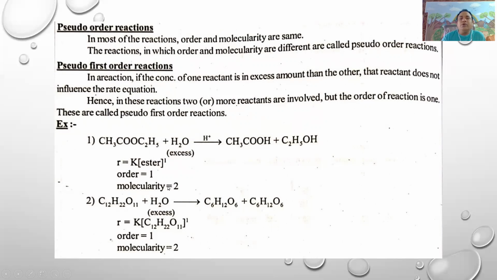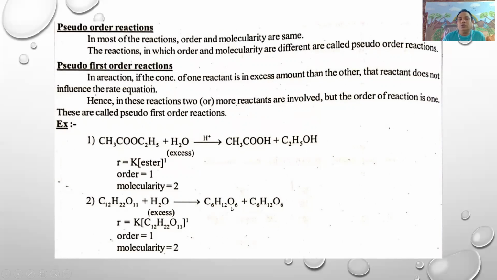Similarly, the inversion of cane sugar, that is hydrolysis of cane sugar, that is sucrose C12H22O11 plus water. Here again, water is taken in excess quantity. It doesn't influence the rate of the reaction. The rate is influenced only by the concentration of sugar, that is sucrose molecule. It gives rise to glucose and fructose molecules.